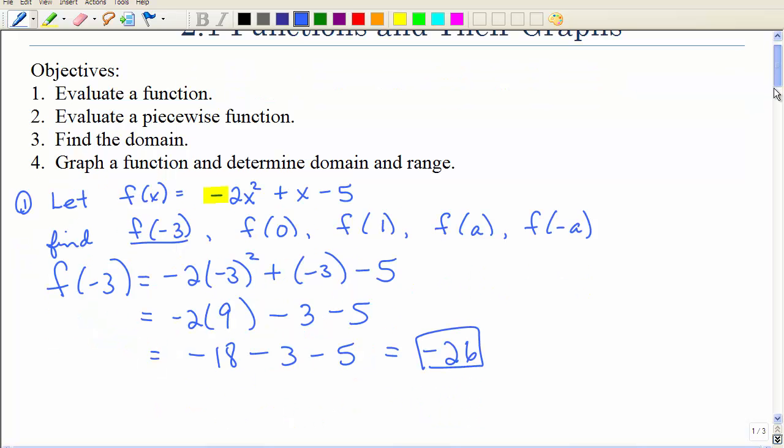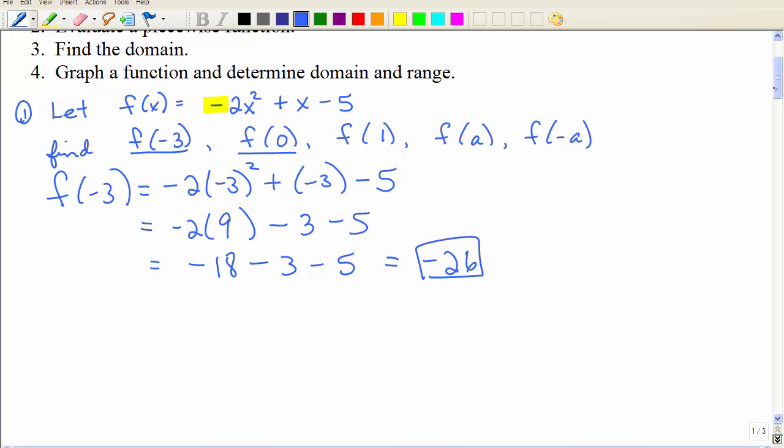All right, so the next one we're going to look at is f of 0. That should be a little bit easier because multiplying and stuff by 0 is always just easy arithmetic. So same process. And I'm going to just use some mental math because 0 times anything is 0. That's 0. That's 0. And so what I have left is, of course, negative 5.